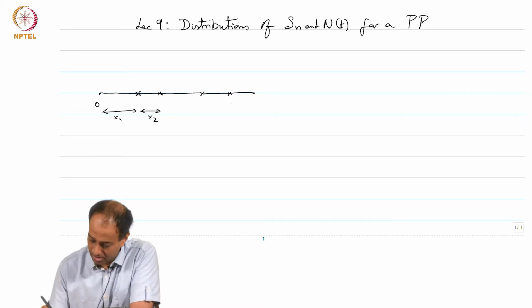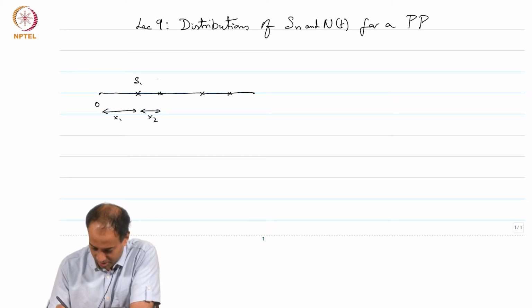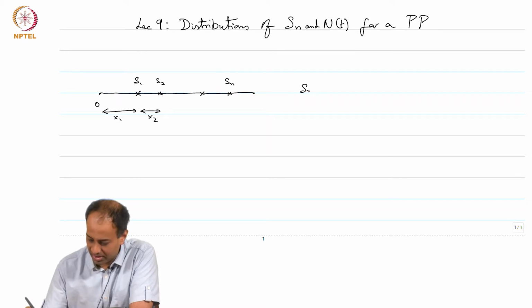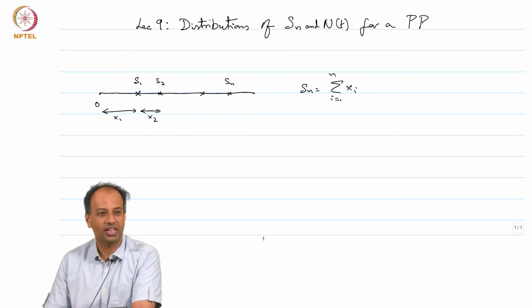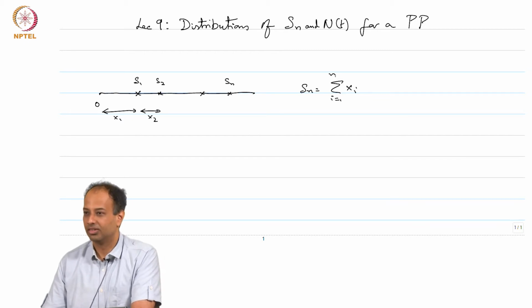And these are of course the arrival epochs S1, S2, ..., Sn. We know that Sn is equal to the sum of Xi from i equal to 1 through n, where the Xi's are independent identically distributed exponentials with parameter lambda.